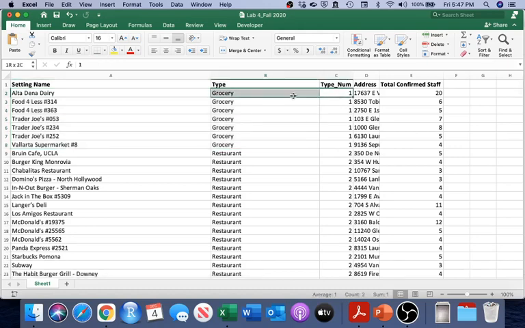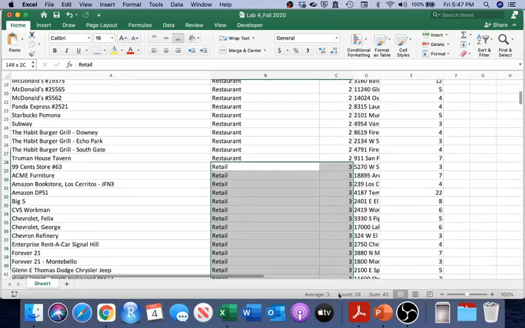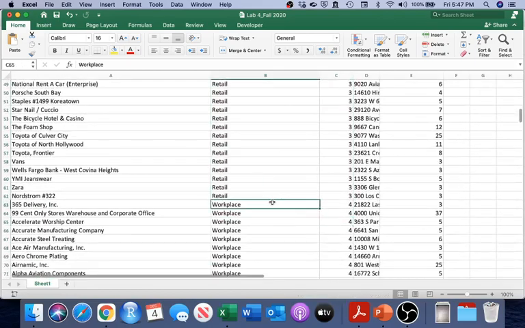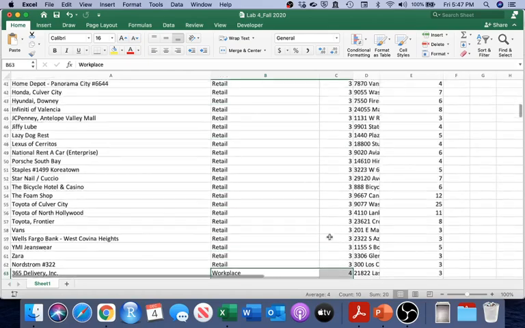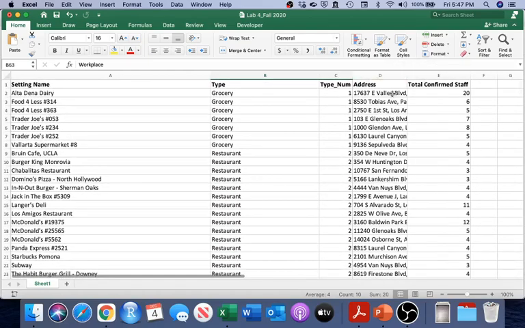SPSS likes reading numbers as opposed to words. So I assigned a number to each of these different types. So grocery is 1, restaurant is 2, retail is 3, and workplace is 4. And in this data set, because this was publicly available data, I kept the address in it.